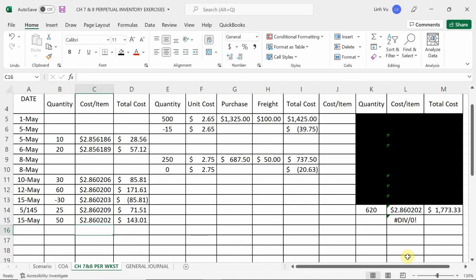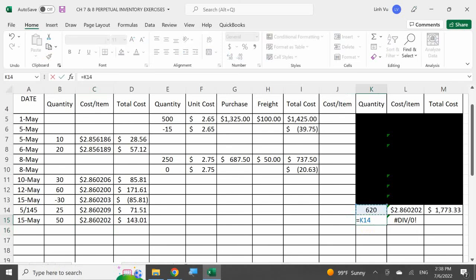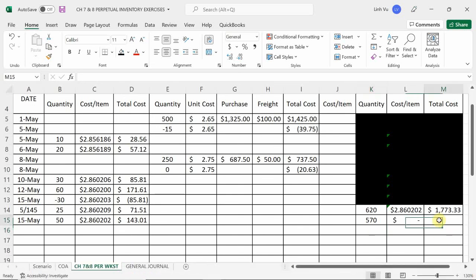Excel picked up what I'm doing here, so it figured out that my total cost of goods sold is $143.01 for selling 50 mugs. So I need to update my inventory once again. I have 620 minus 50, so I should be left with 570 mugs.